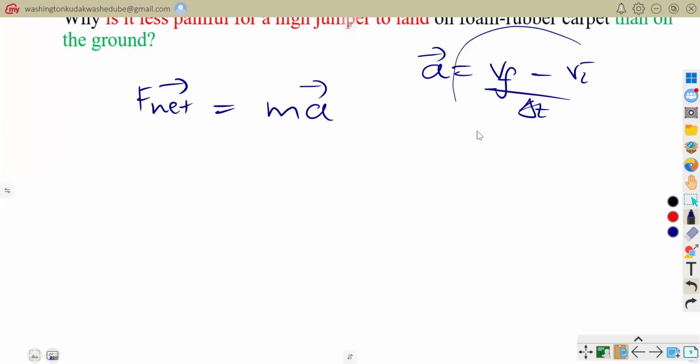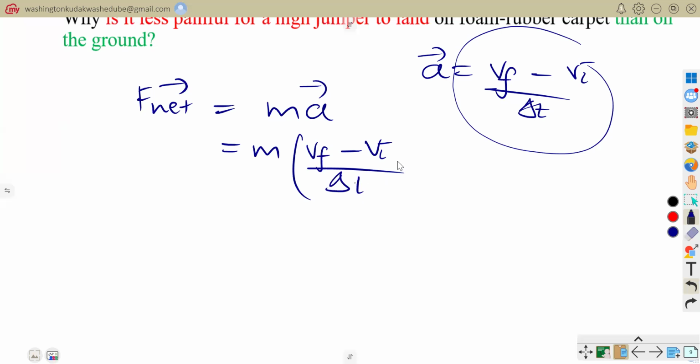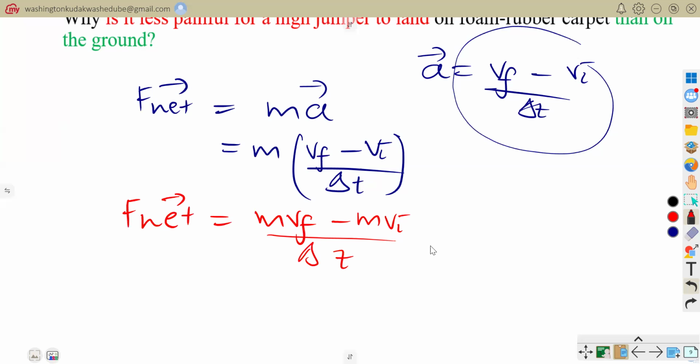If I substitute this here, replacing acceleration with this, then it can be given as mass times final velocity minus initial velocity all over the time interval. By doing that, we can state our second law as mass times final velocity minus mass times initial velocity over the change in time.